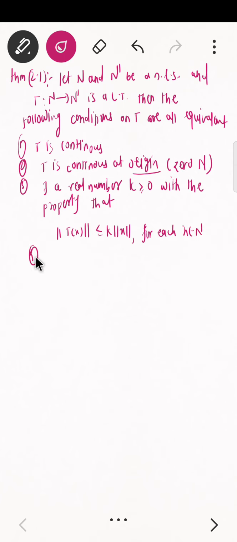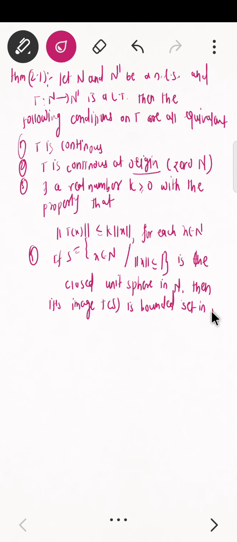And the last one is fourth. If we denote the set S as those x belonging to N such that the norm of x is less than or equal to 1, that is the closed unit ball in N, then its image, denoted by T(S), is a bounded set in N'.